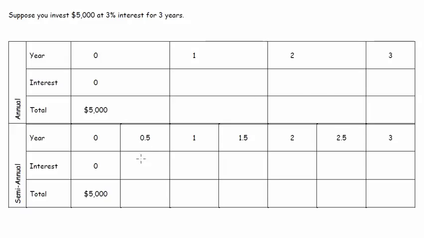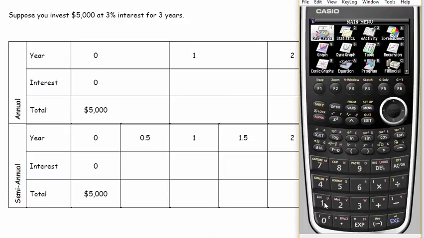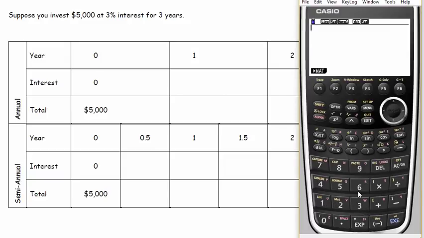Okay, so the first year, let's see how much interest we earn. We need 3% of 5,000. So 3% as a decimal, 0.03 times 5,000. Alright, so that first year I earn $150.